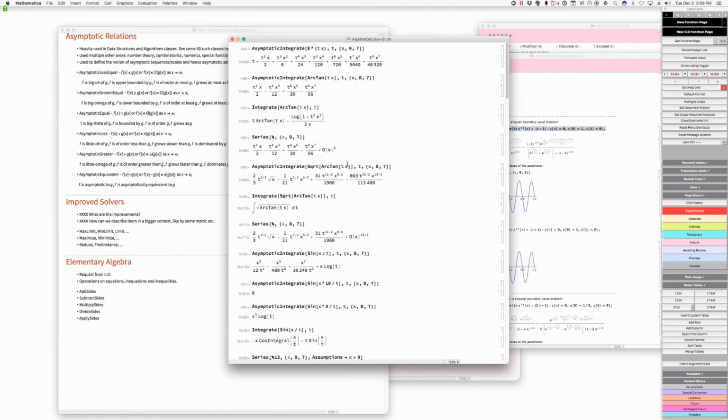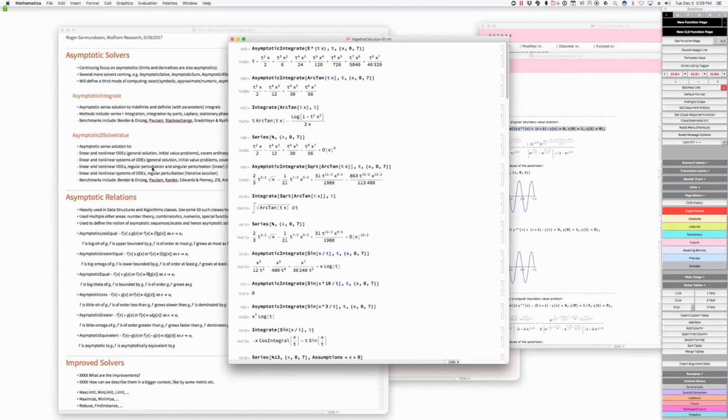Fine. And then we want to figure out whether we need to report on the error term. There are different levels of reporting one can imagine, depending on follow-on use cases. Yeah, and Stephen, one reason we don't want that function right now is that if you're thinking of some sort of asymptotic expand with the first argument being desolve value or integrate, that function would have to be hold first.